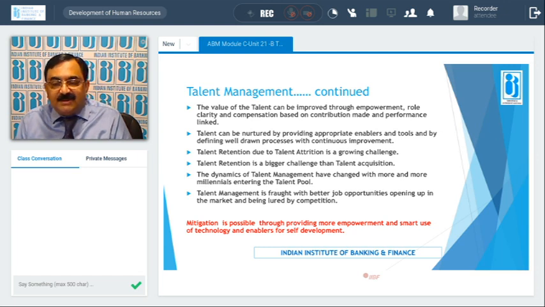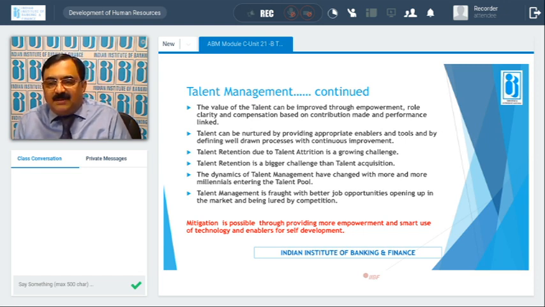Now, how we manage that, how we are able to retain the talent, is the biggest challenge. Now, mitigation is possible again through providing more empowerment, and one of those factors which attract the young talent is today smart use of technology, and also providing enablers for self-development.